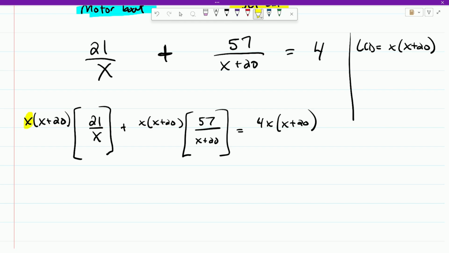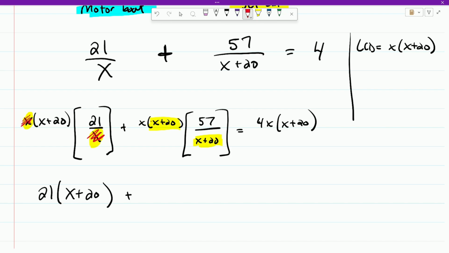Going from left to right, I will simplify the x's. We're left over with 21 times the quantity x plus 20, plus, for the middle, we simplify the x plus 20s.